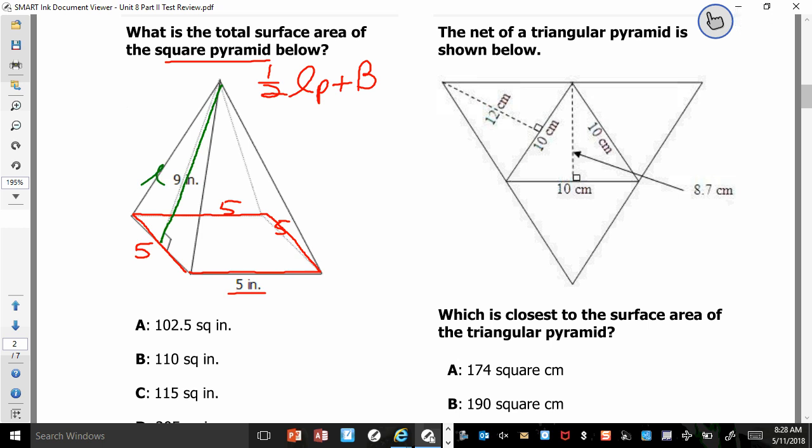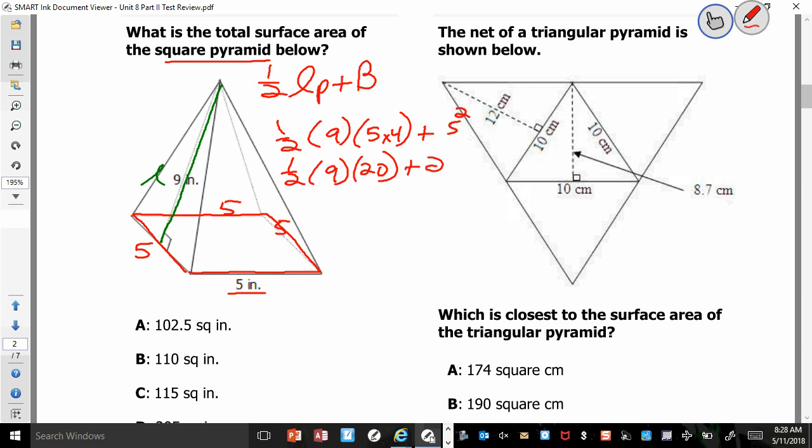And then, so we can start filling it in: 1/2 times 9. How about perimeter? 5 times 4 plus 5 squared, right? Remember area of a square, 5 times 5. So we're going to get 1/2 times 9 times 20 plus 25.